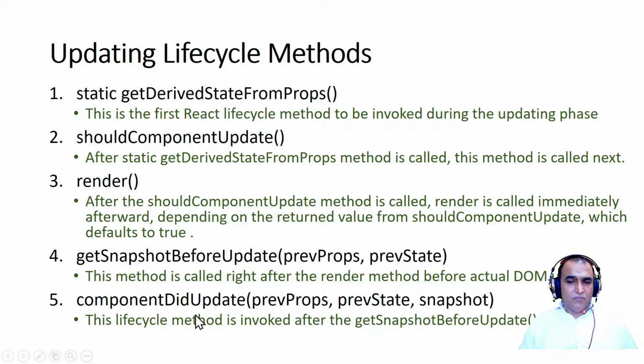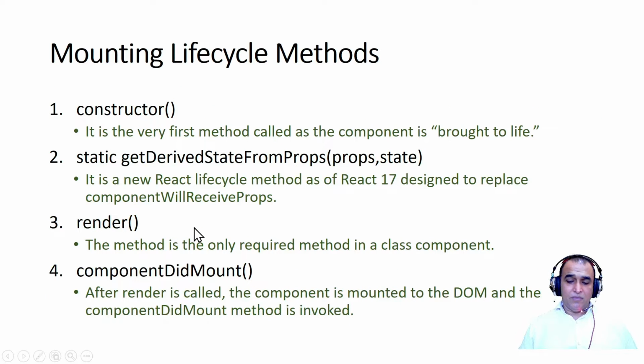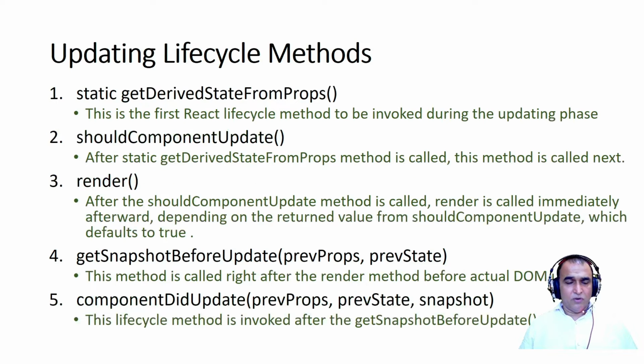Then when the update is complete, we have componentDidUpdate, and we have three parameters here: previous props, previous state, and snapshot. So in the updating life cycle of a component, we have 5 functions that execute. We will see all these functions one by one in later videos with examples, but here we have to understand that in the mounting phase we have 4 methods, and in the updating phase we have 5.